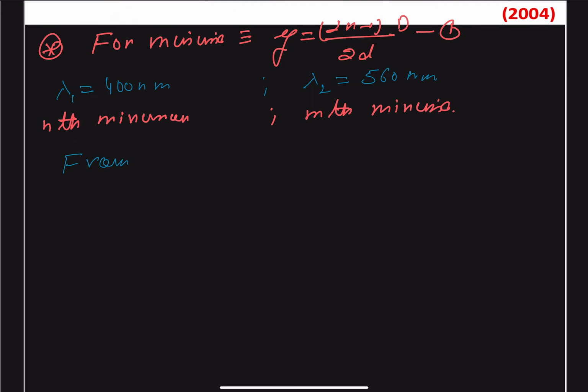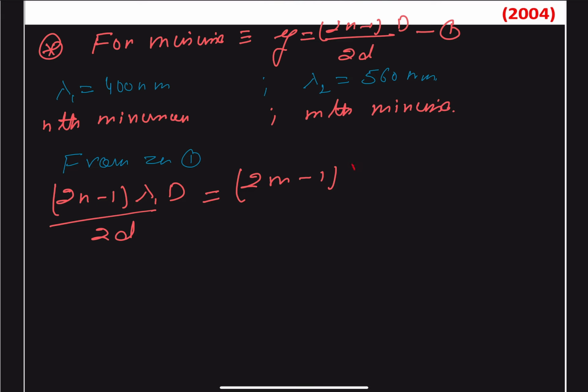From equation 1, we can write (2n minus 1) lambda 1 D upon 2d is equal to (2m minus 1) lambda 2 D upon 2d.